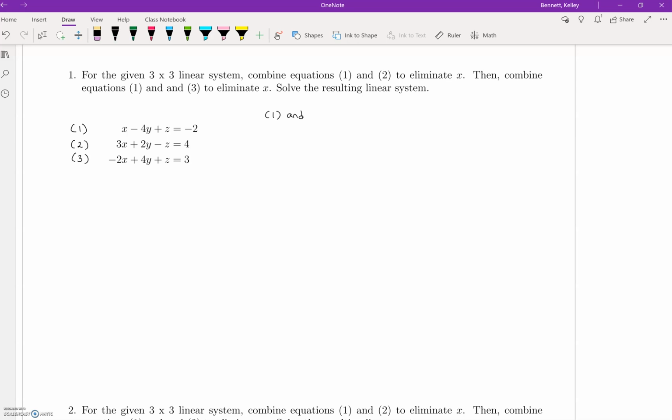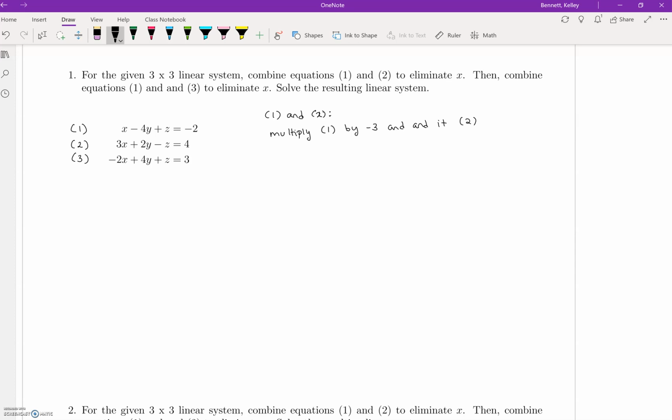For 1 and 2, if I wanted to eliminate x, I might think that multiplying the first equation by -3 would achieve that. So I'm going to multiply the first equation by -3 and add it to the second equation. That's how we're going to eliminate x.